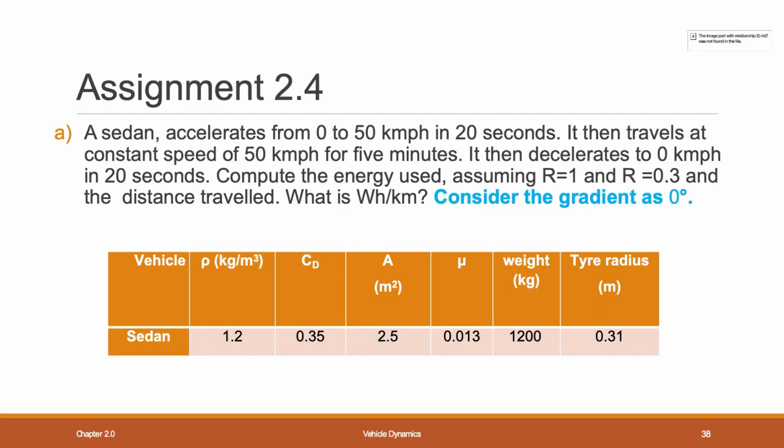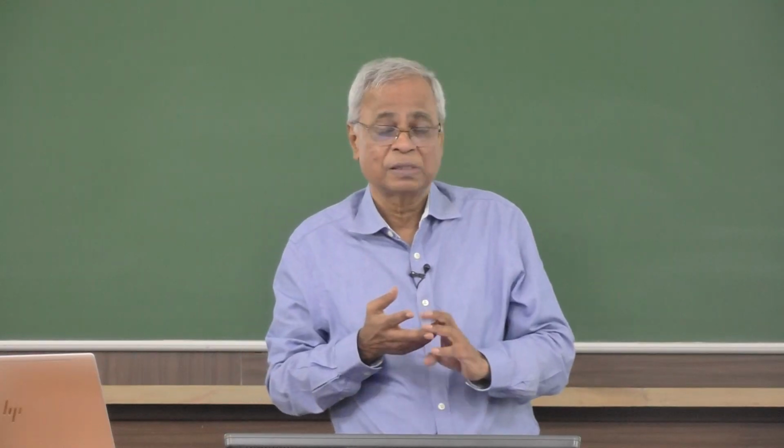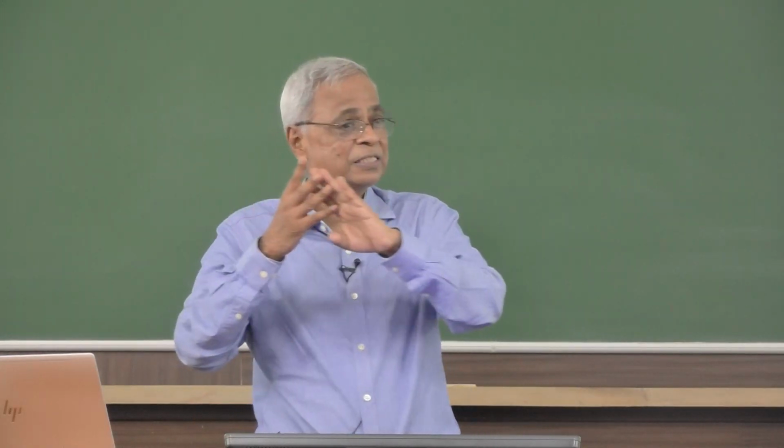Let us take R equal to 0.3. Now, I have to actually compute the energy required during acceleration. I have to add the acceleration force plus the drag force plus the rolling resistance force, compute the power required for all these three.